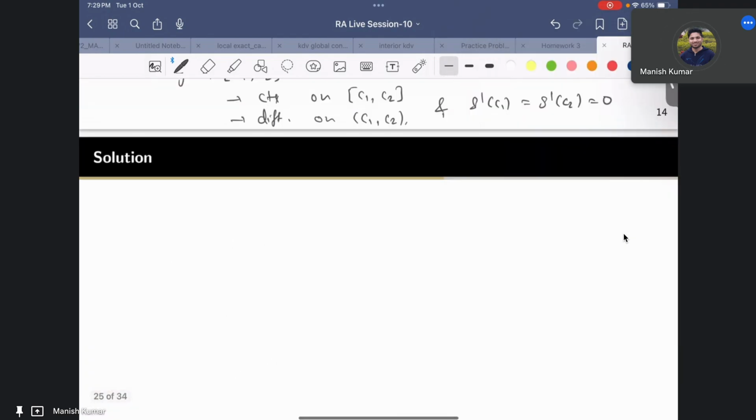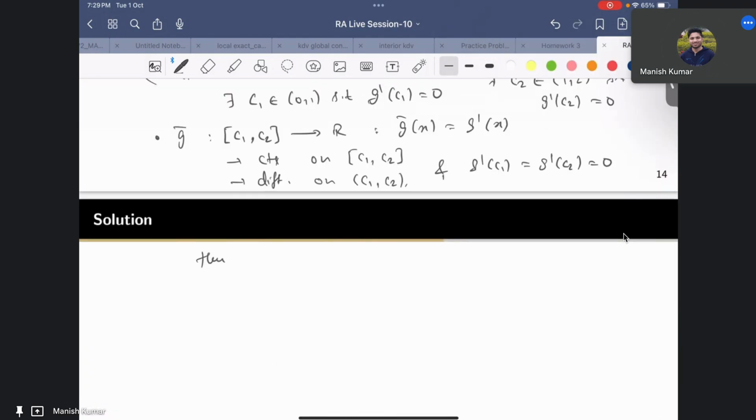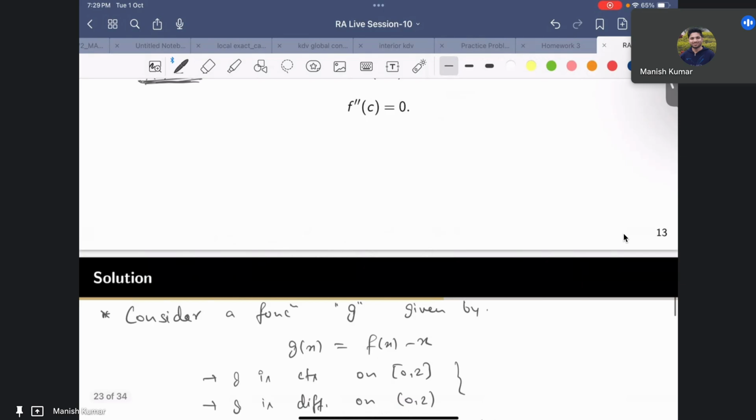Hence by Lagrange's mean value theorem or Rolle's theorem, there exists some c in c1 c2 such that g bar prime at c is equal to 0. This implies that g double prime at c is equal to 0, and this implies that f double prime at c is equal to 0, right?